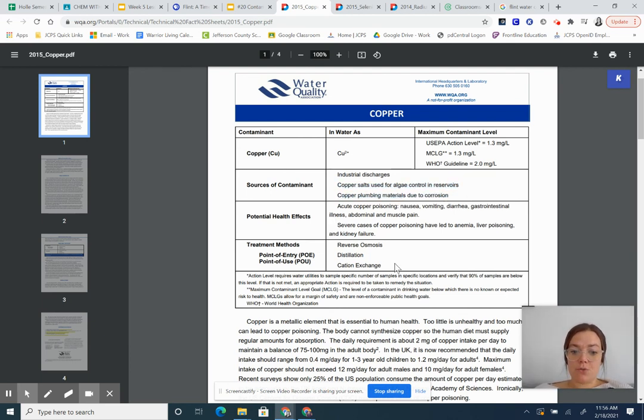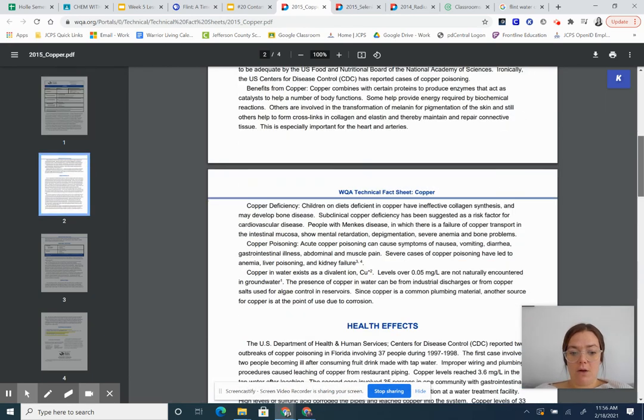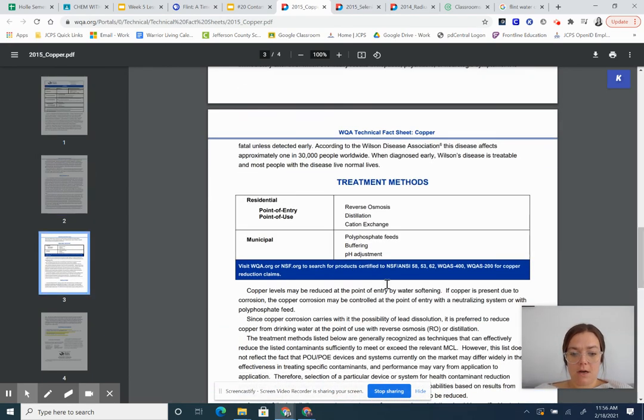And then it talks about the treatment, which is how you can get it out. And again, that's down here, both in your house. These are things you can do or purchase, or when it says municipal, that's talking about what a city does to do that. So what does like the city of Louisville Water Company do to make sure that this gets out of our water?